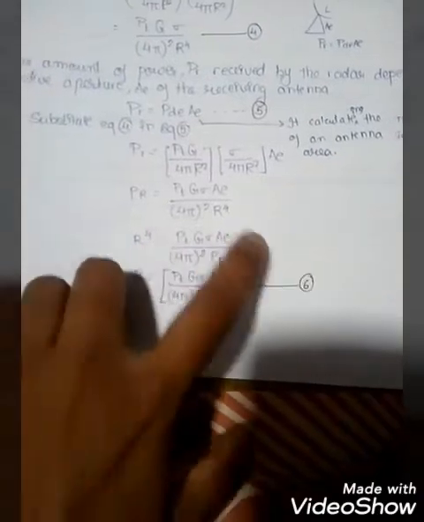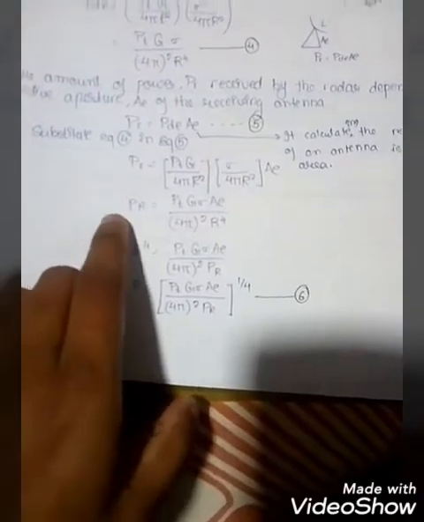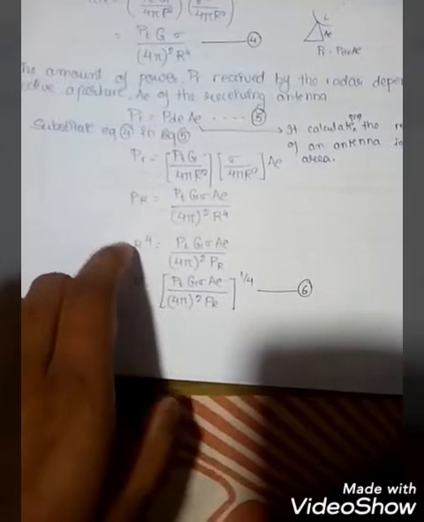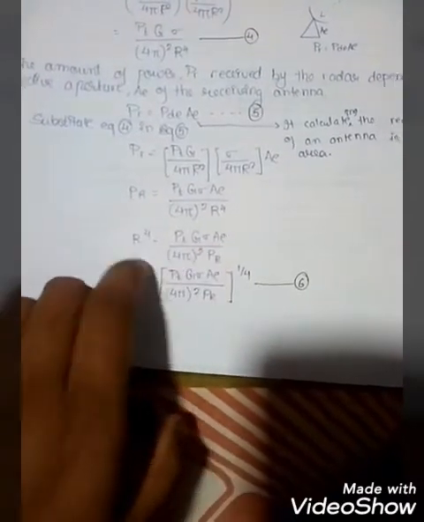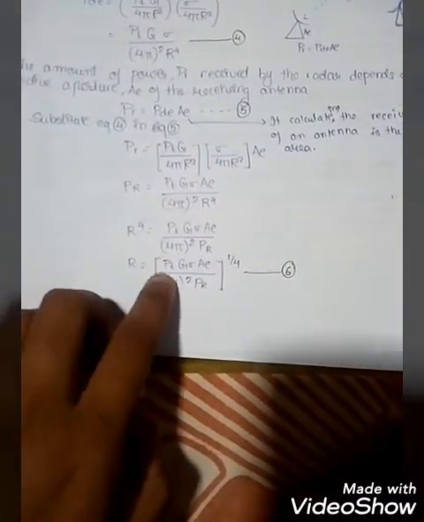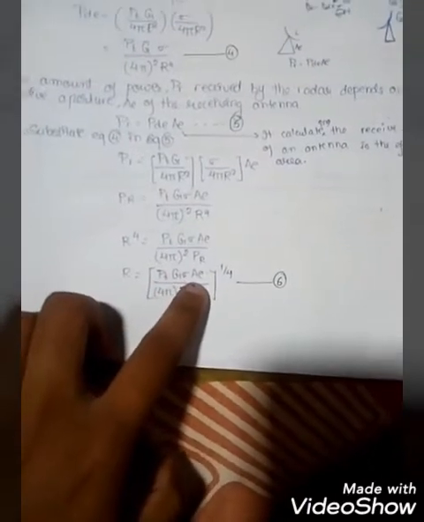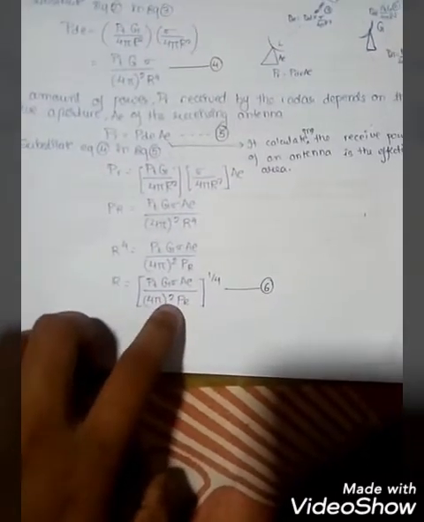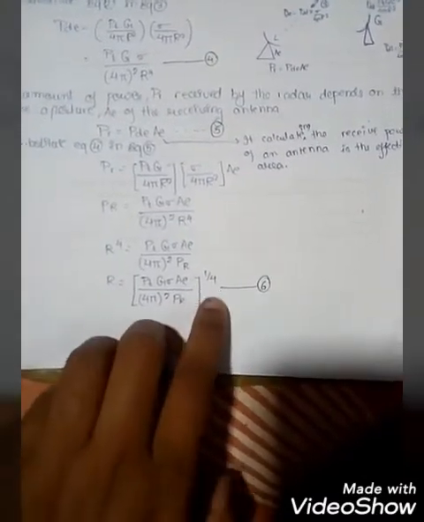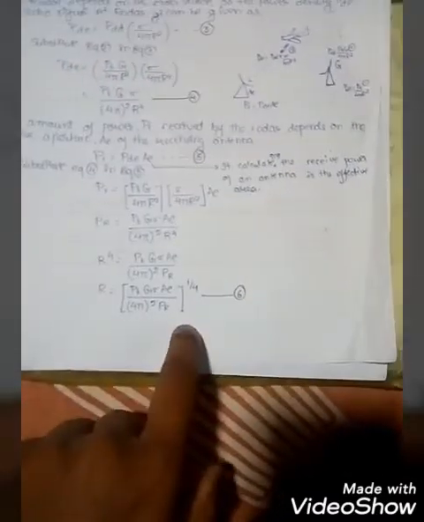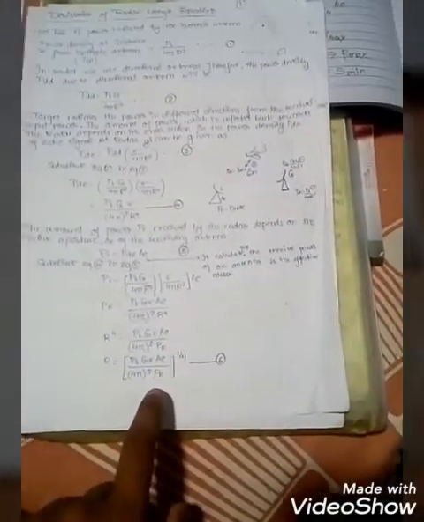Then I shifted this r raised to 4 to the left hand side, and PR to the right hand side. Then what I get is r is equal to (PT G sigma AE divided by (4 pi) square into PR) raised to 1 upon 4. So this is our radar range equation.